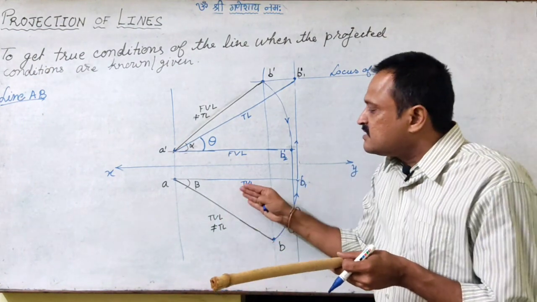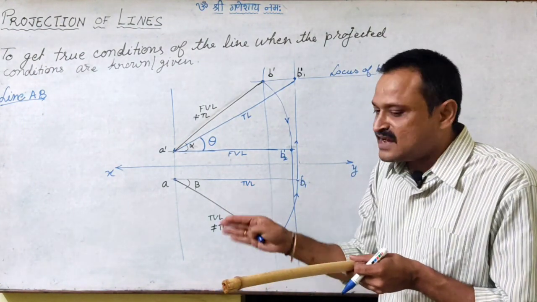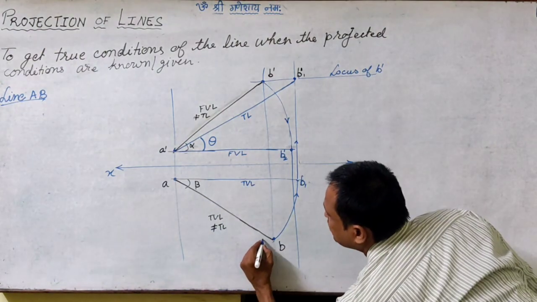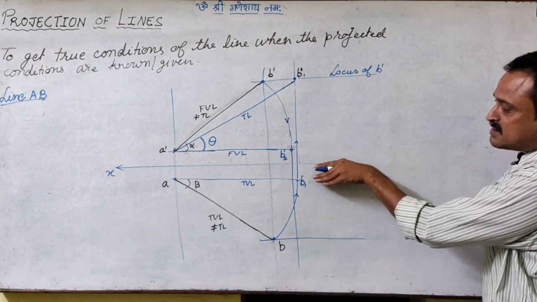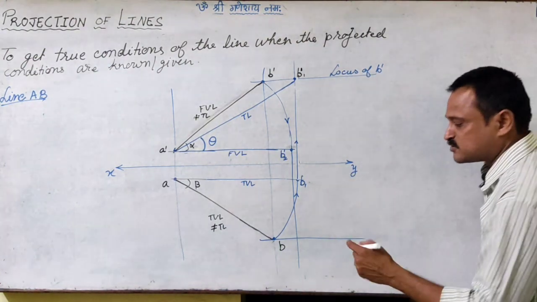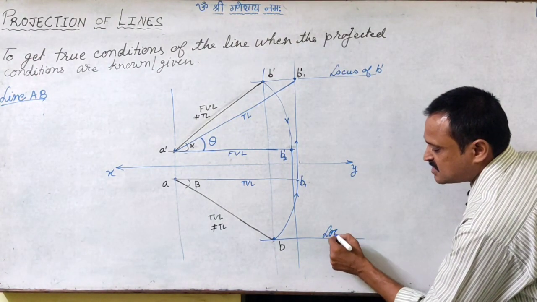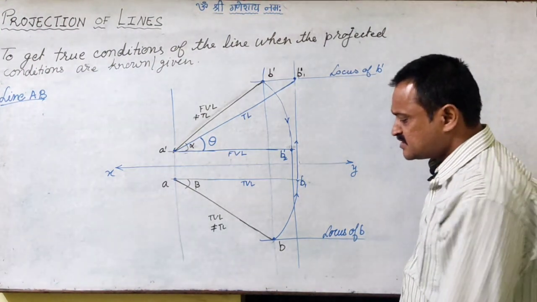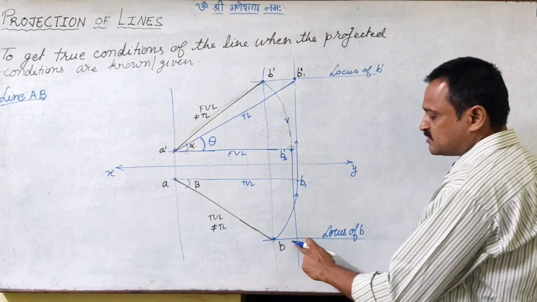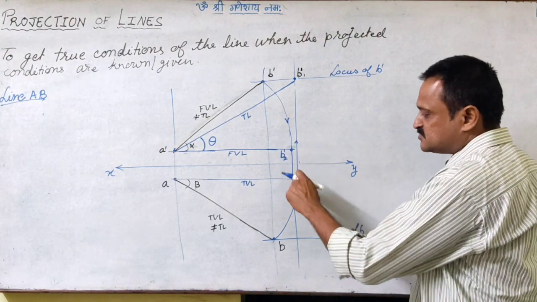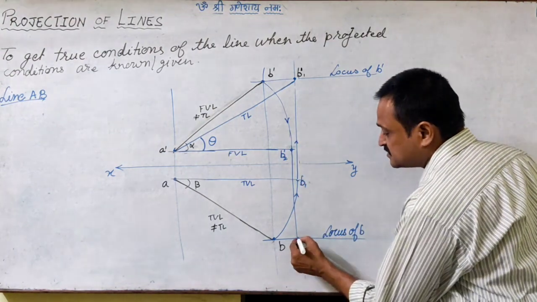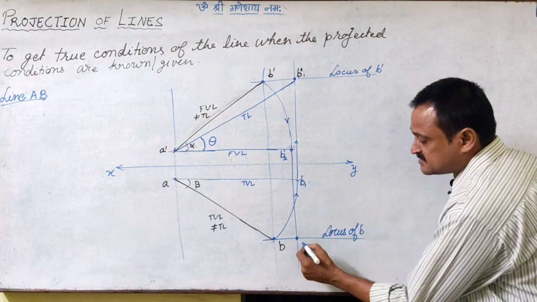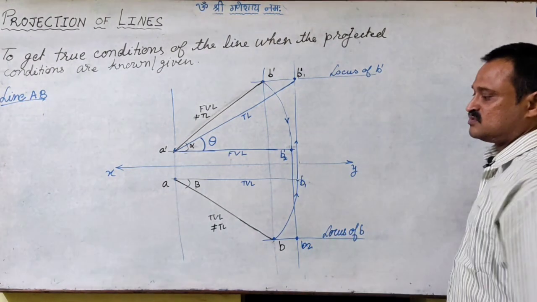That means whatever distance B had from VP, it is the same distance. So now I can draw the locus of B parallel to the XY line in the top view. So I call this line the locus of B. Now B is definitely going to lie on this line, as well as on this projector of the second condition. So from B2 dash I get this as B2.